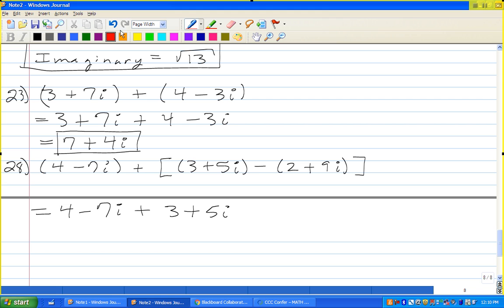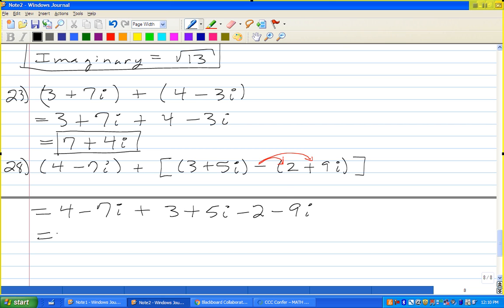Now, since I'm subtracting, I've got to change all the signs inside the parentheses. And so let me do that. Let me make that a little nicer. Okay, so this negative changes the positive 2 to a negative 2. This negative changes the positive 9i to a negative 9i.